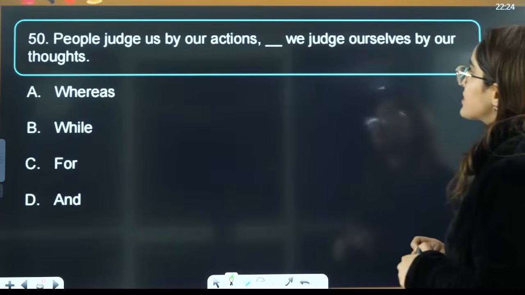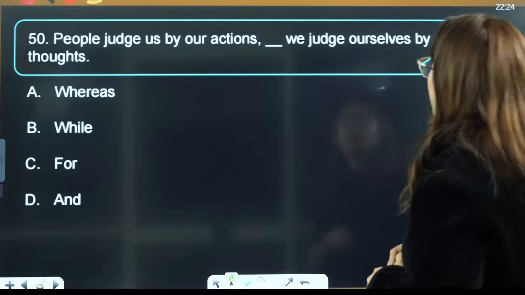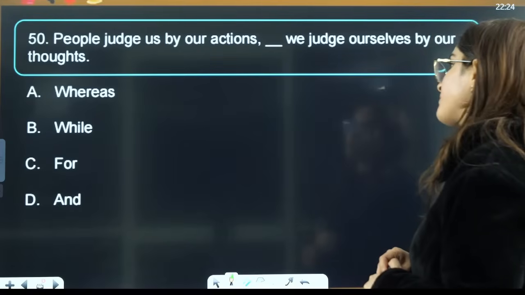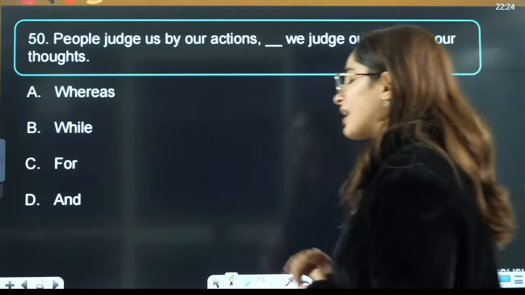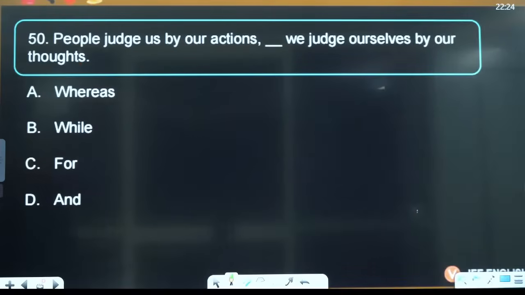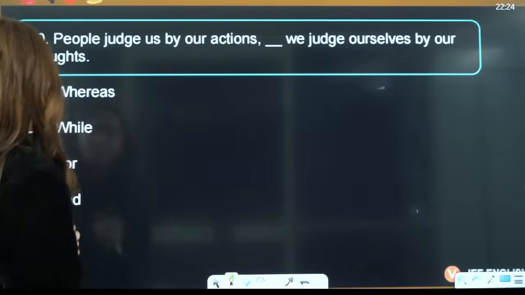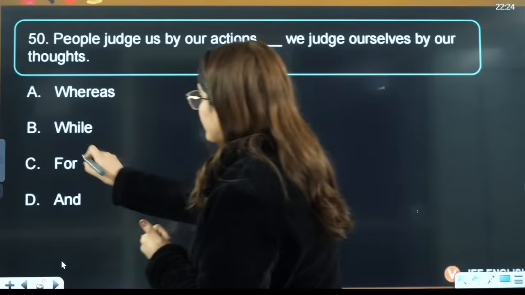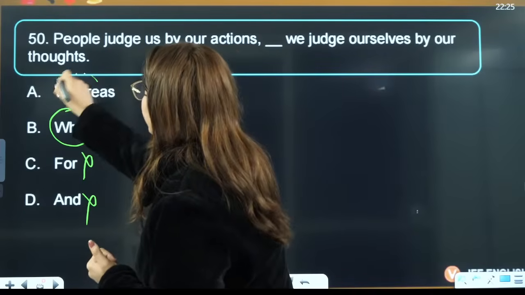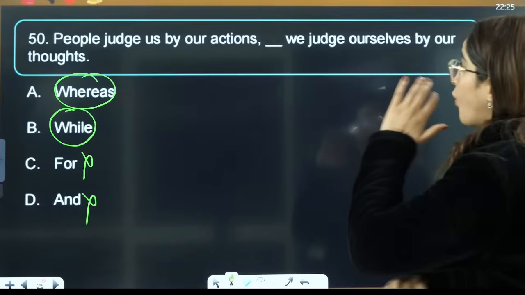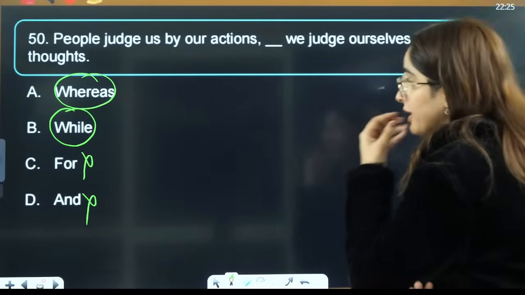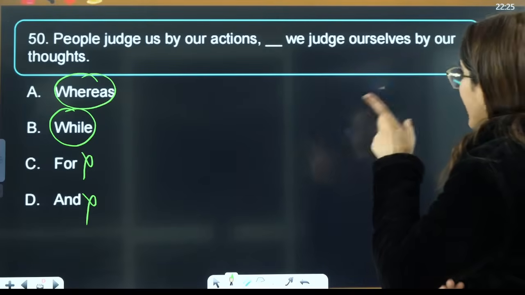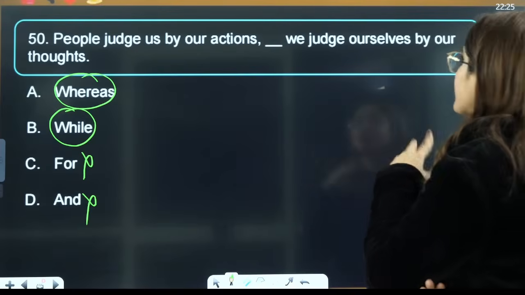Then, people judge us by our action ___ we judge ourselves by our thoughts. There are two opposing things we are stating here. Whenever we state two opposing things, what do we say? "And" can never be used for opposite things, and "for" can never be used either. It can be "while" or "whereas." Which one can we put here? People judge us by our action, whereas we judge ourselves by our thoughts.